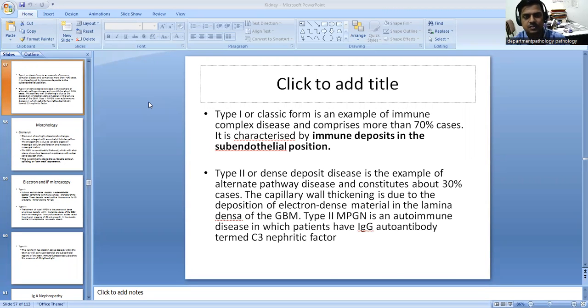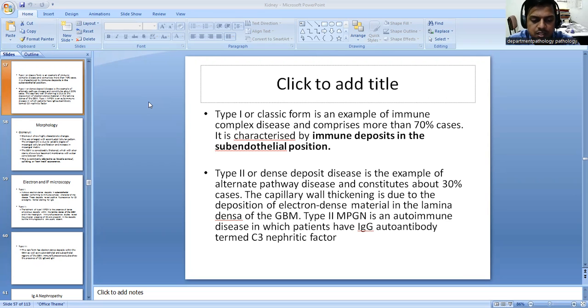Type 1 or classic form is an example of immune complex disease and comprises more than 70% of the cases. It is characterized by immune deposits in the subendothelial position. Type 2 or dense deposit disease is the example of alternate pathway disease and constitutes about 30% of the cases.